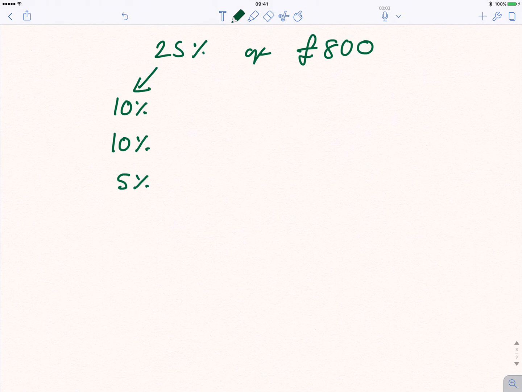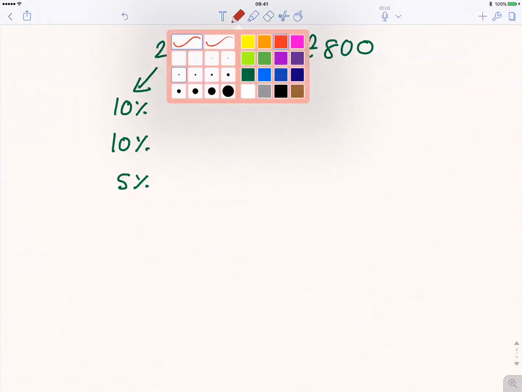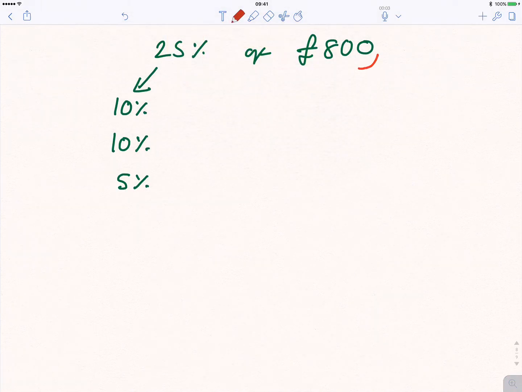How do I work out 10% of 800? When I want to work out 10% of any amount, I just need to divide by 10. If I divide 800 by 10, then the decimal will move one place to the left. So 10% of 800 is just £80.